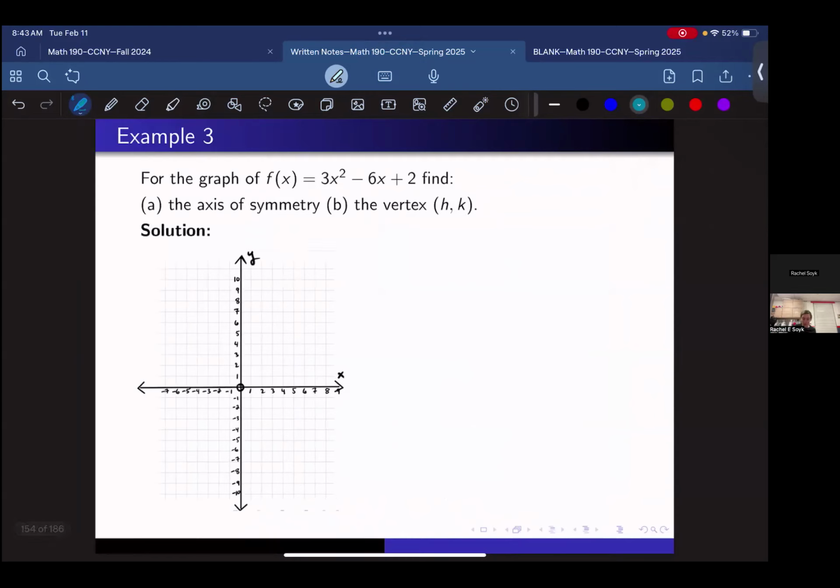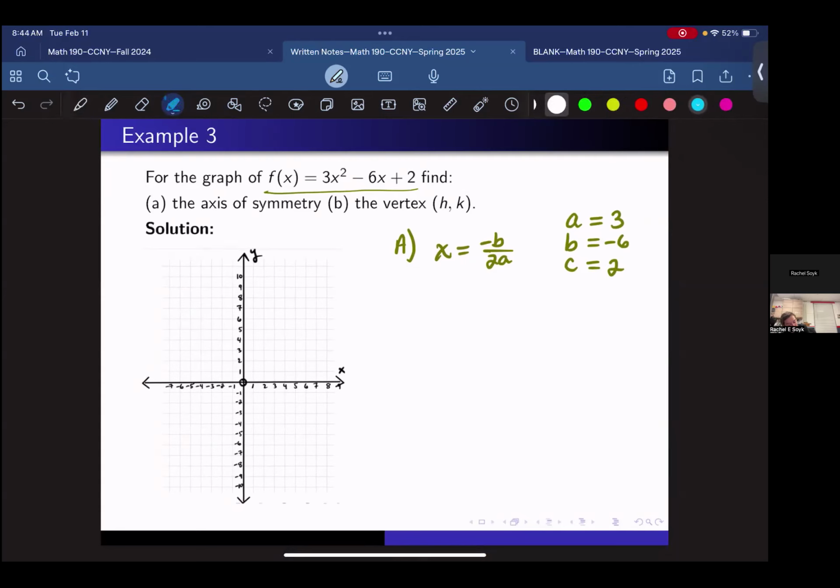So now knowing this information, let's apply it to our example 3, where we're given this function, 3x squared minus 6x plus 2, and we want to A, find the axis of symmetry, and then B, find the vertex. So again, our axis of symmetry, negative b over 2a. Our a, b, and c values based off of what we're given in the problem are 3, -6, and 2, respectively.